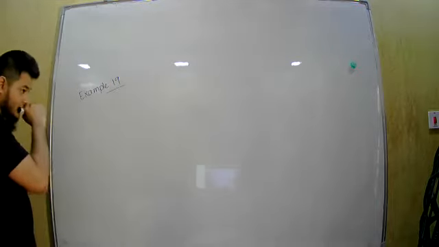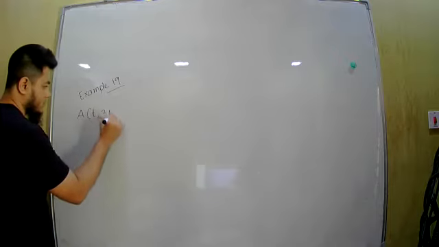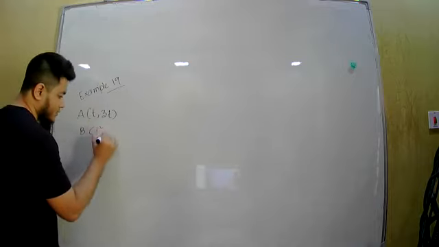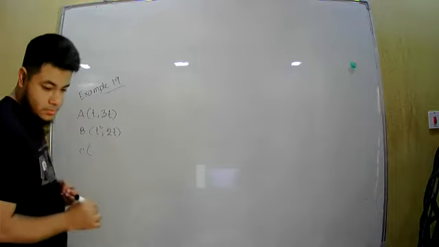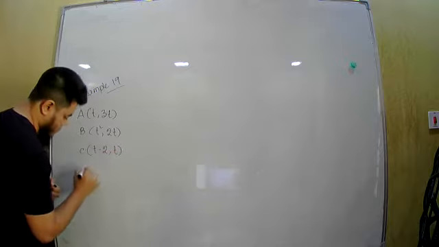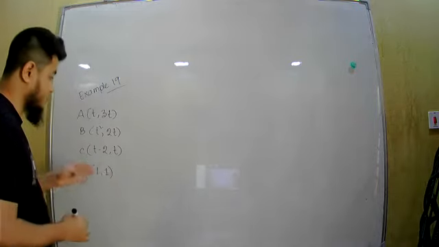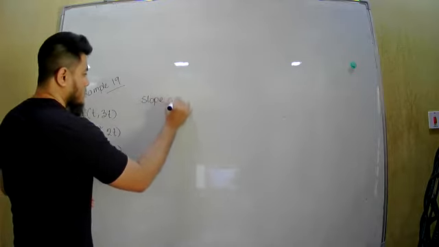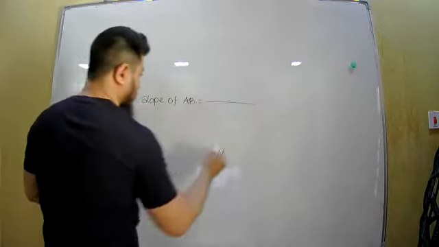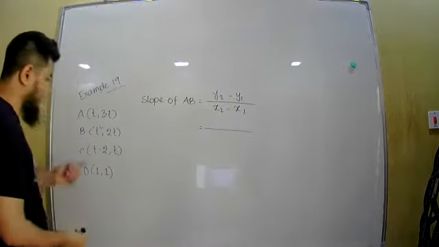So let me write the coordinates. A has coordinate t, 3t, and B has coordinate t square, 2t. You can take one as x1, y1 and the other as x2, y2.